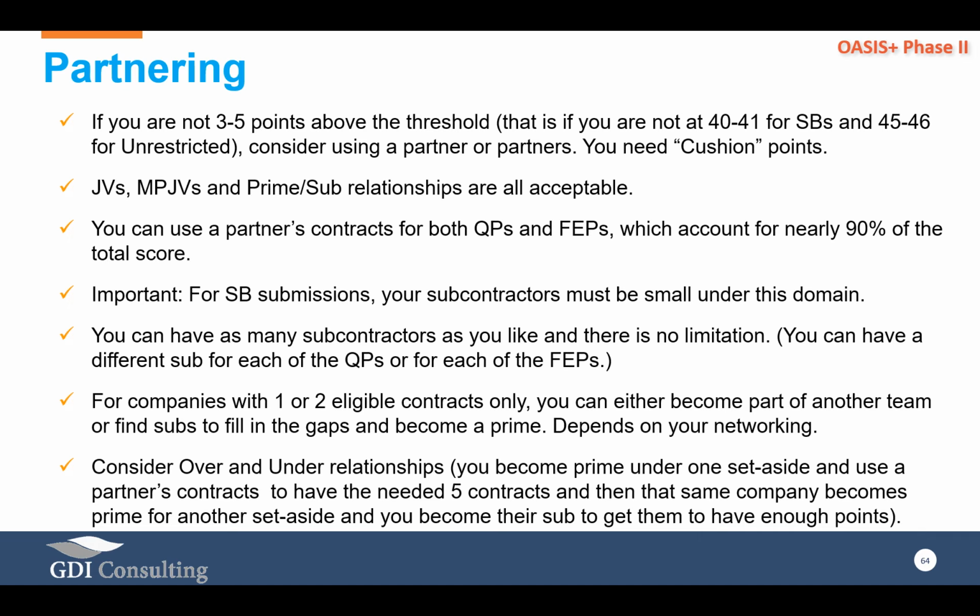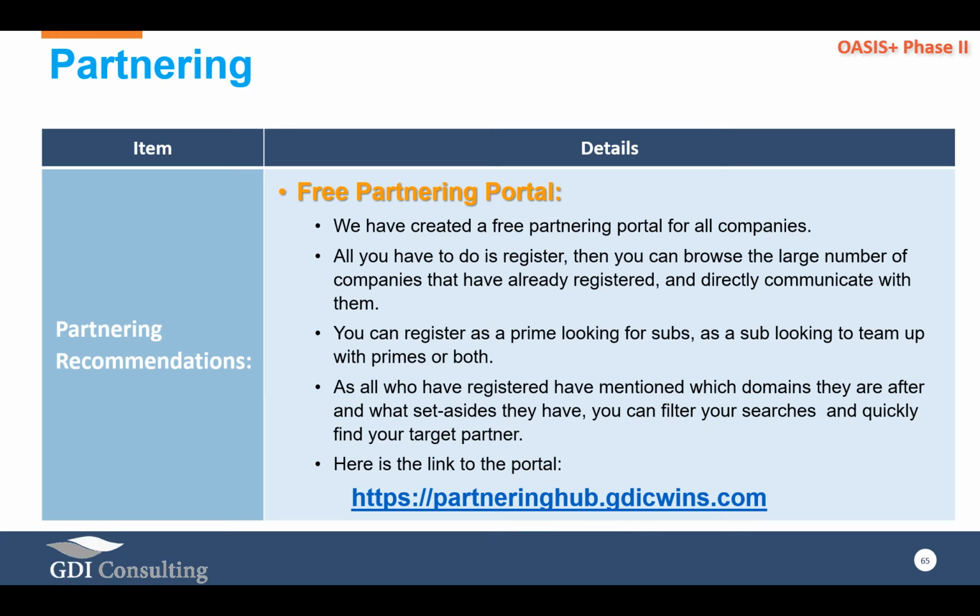For JVs, MPJVs, prime-sub relationships, all are acceptable. You can use the partners' contracts for QPs and FEPs, which account for nearly 90% of the total score. One important factor is that if you're a small business, your subcontractors must also be small under that particular domain. You can read the rest of these points that I've listed here later on when you refer back to it.